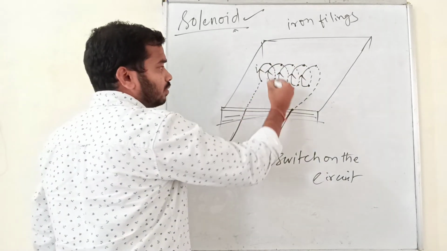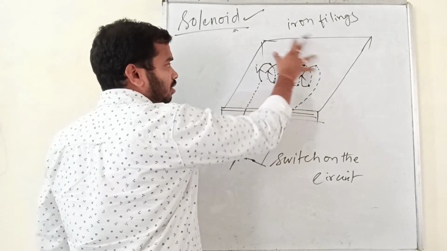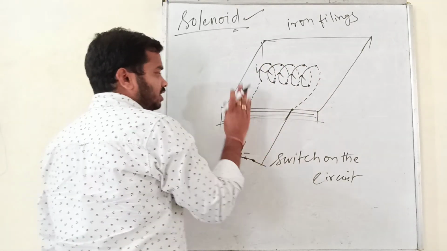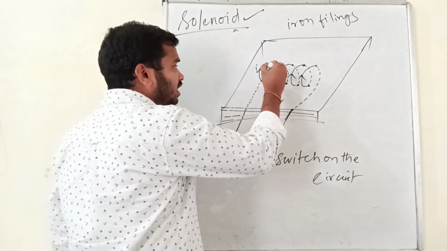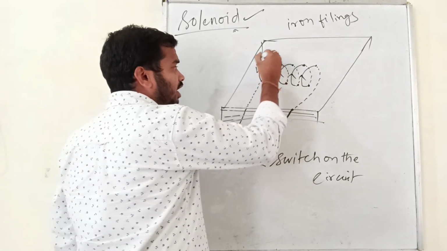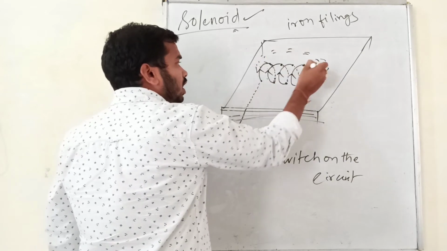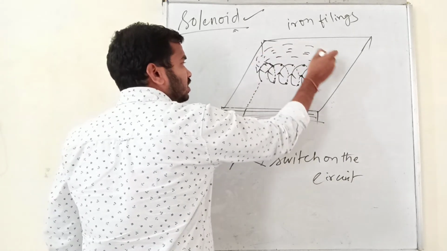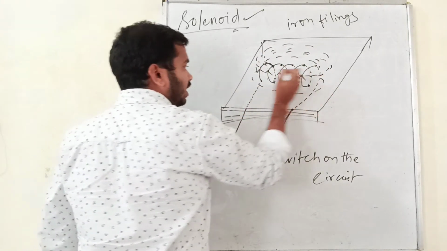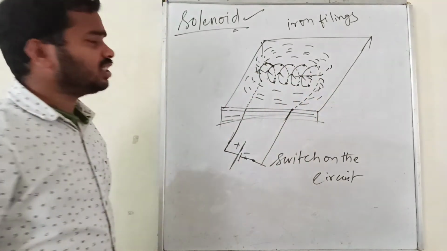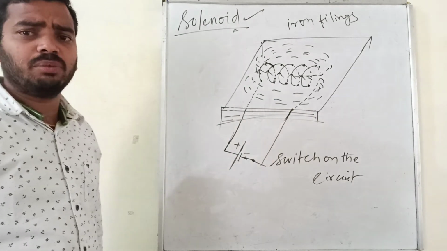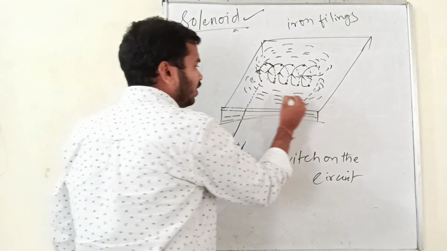Now the current starts flowing like this, and iron filings are spread over here, and just tapped upon the plank, such that these iron filings will start arranging themselves in the shape of field lines like this. You can see the iron filings would be arranged like this, which looks much similar to the lines of force.